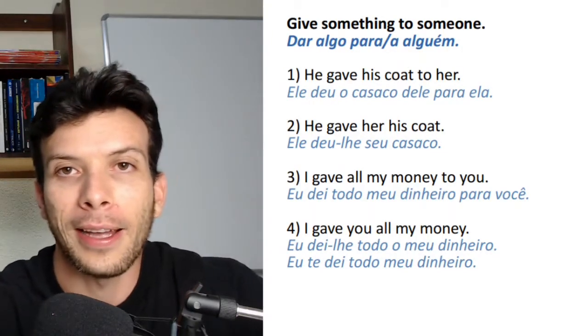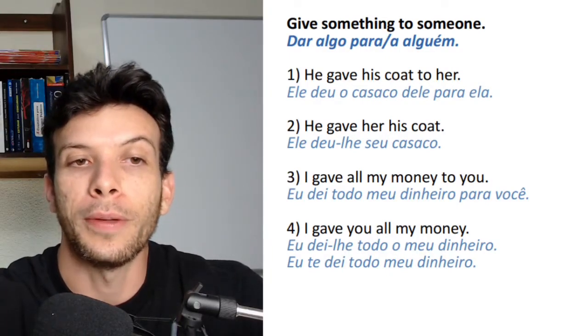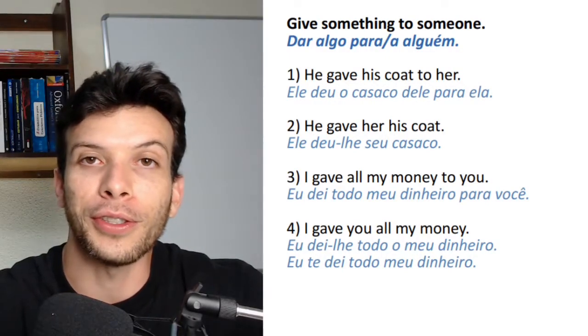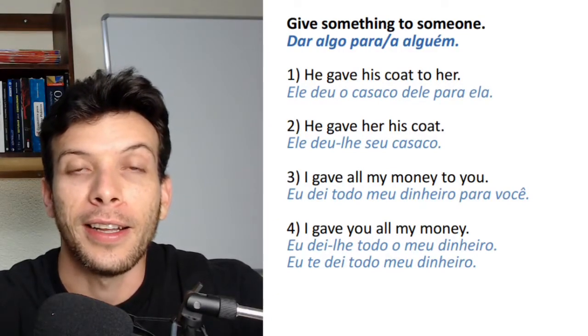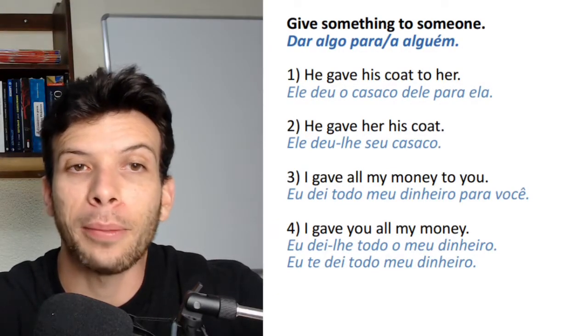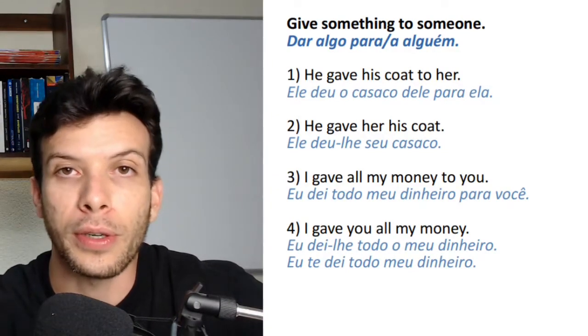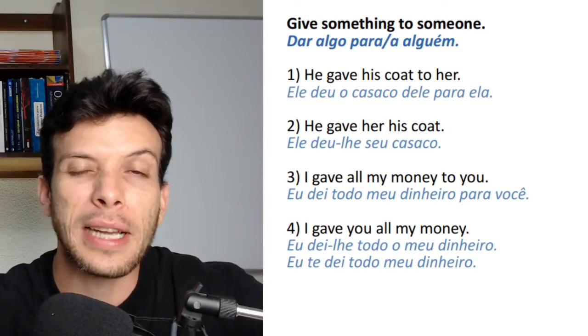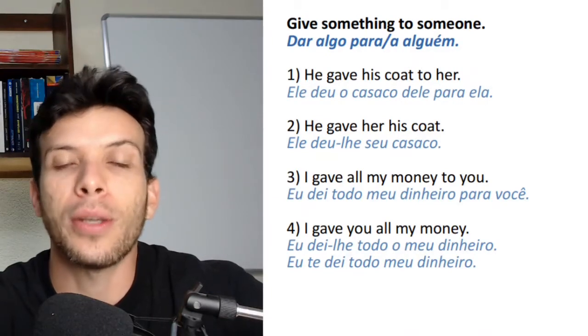Deu para ela, deu-lhe. He gave her his coat. I know you English speakers prefer to express this idea with sentence number 2, right? He gave her his coat. You have to use fewer words. It's a simpler structure, I'd say. So in Portuguese, I believe that the equivalent here would be ele deu-lhe seu casaco.